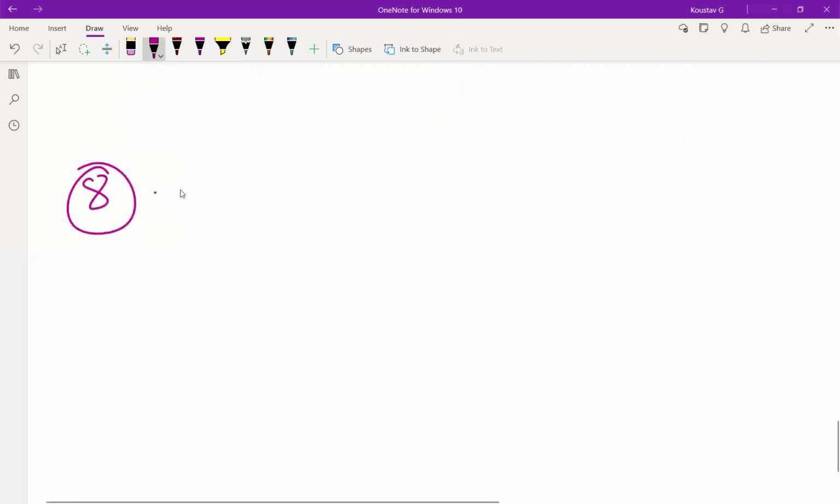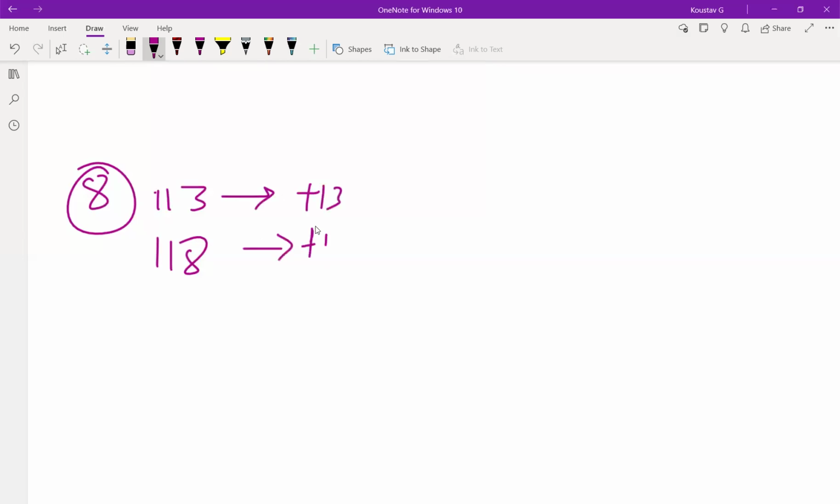The example is 113 and 118. This is plus 13 and this is plus 18.